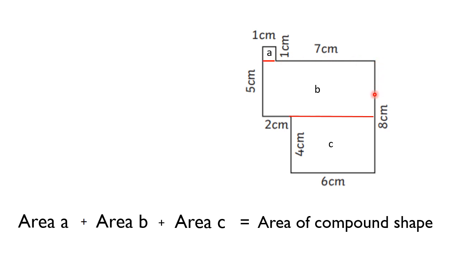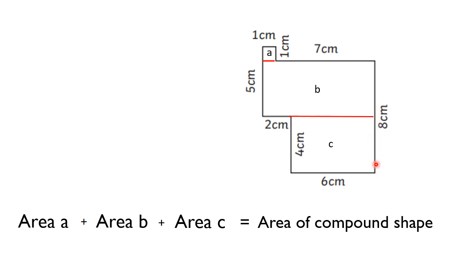Now, let's look at the width. So what do we have? We have this full length, and we know that the full length is 8. But what we want is just this part here, this section here. So what do we have? Well, we know that this line is parallel with this line, and they're the same length. So we can assume that if this line is 4 centimetres, then the line parallel to it is also 4 centimetres.